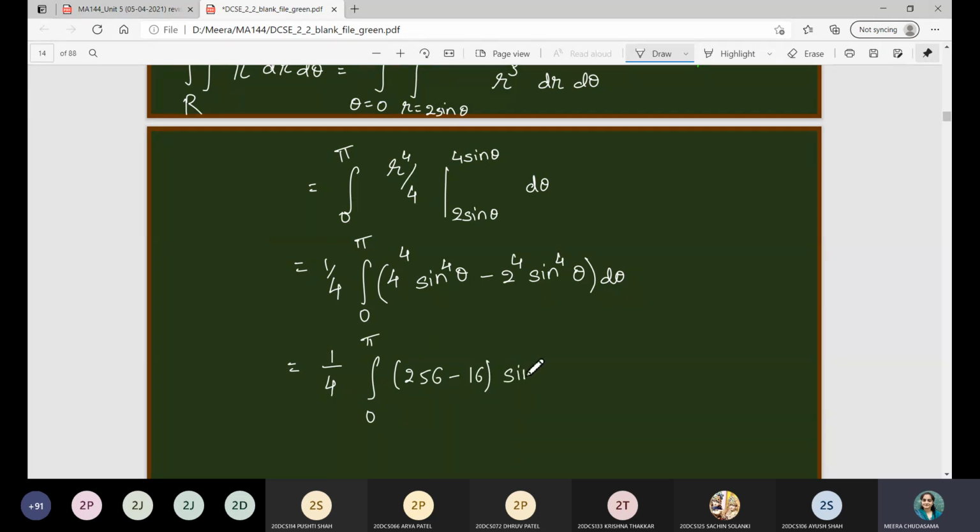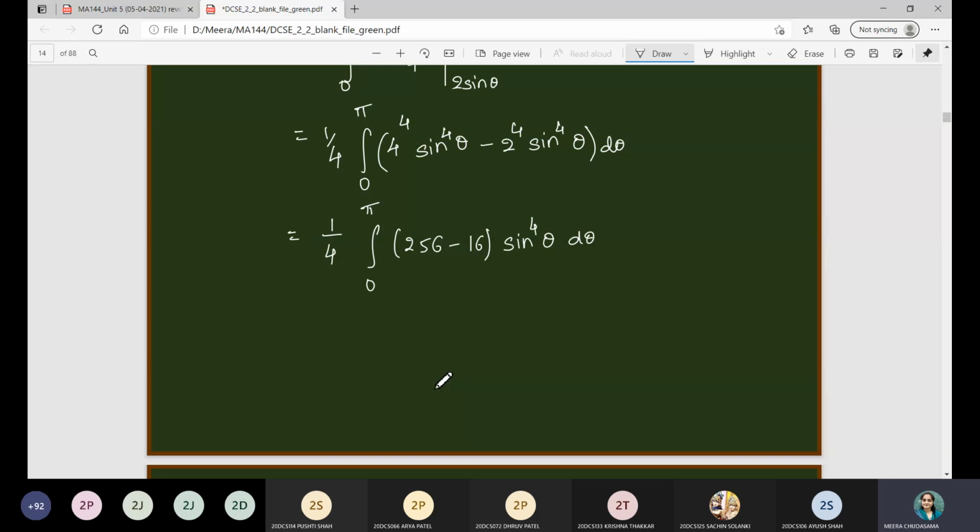So sine raised to 4 theta we have taken common. So this is now 256 minus 16, so it will be 240 divided by 4, integral from 0 to pi of sine raised to 4 theta d theta.